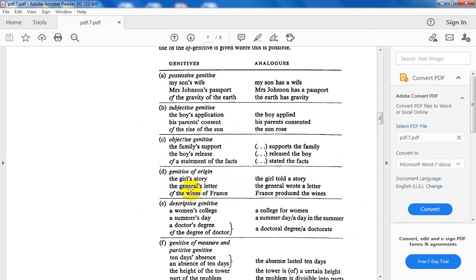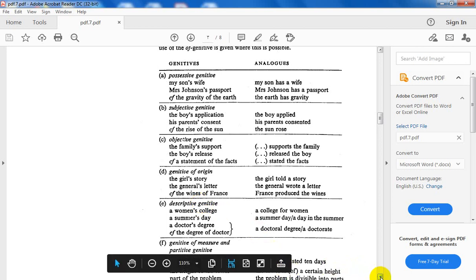Here general is a general in the army. The general's letter, it is what? Again, it takes the S genitive because it is human. It says the general wrote a letter. The wines of France. Wines and France, both of them are inanimate, so I use of, not S.